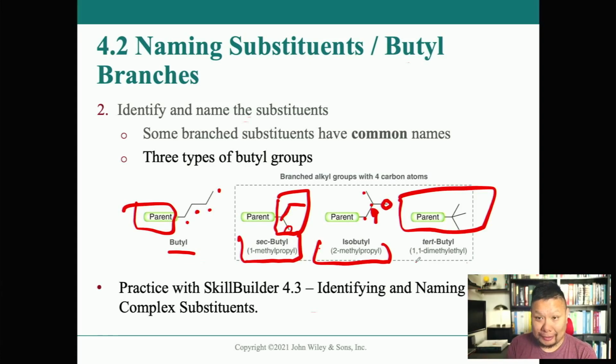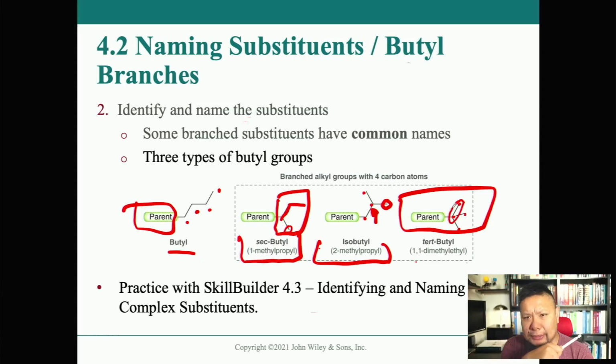Why is it 1,1-dimethylethyl? Because you have your first carbon here, and you have your second carbon there, and that makes an ethyl group. Since this is your first carbon, you have 2 methyls attached to the first carbon. That's 1,1 for the first carbon, dimethyl because there's 2 methyls, and ethyl for the 2 carbon parent chain, or these 2 carbons right here.